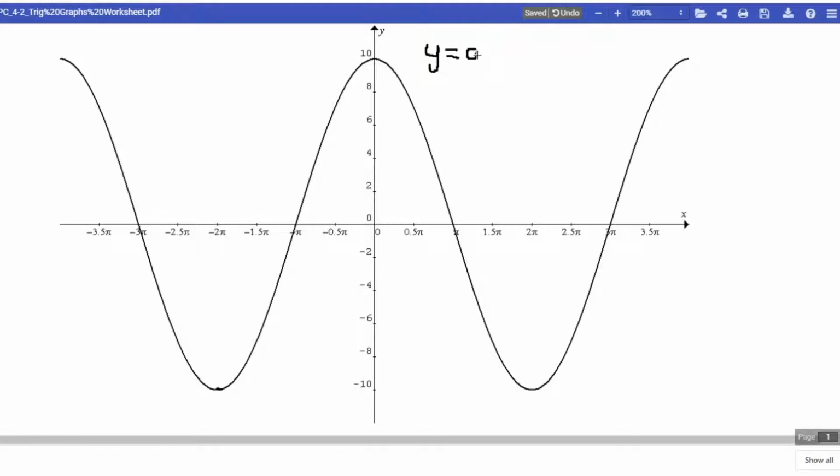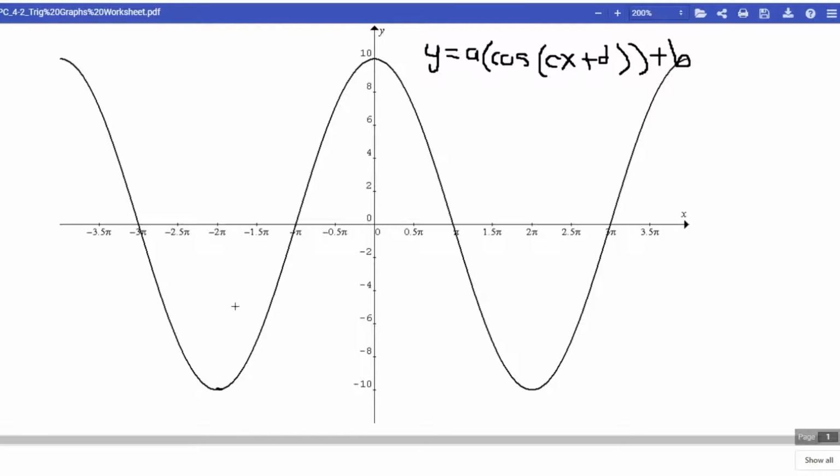So y equals a times cosine of cx plus d plus b. So it's just a matter of using the evidence from the graph to determine which values go in each of these variable spots. So let's look at some evidence from this graph.